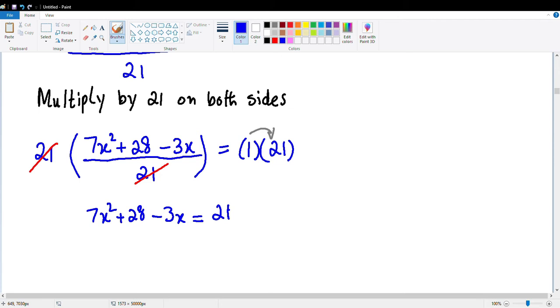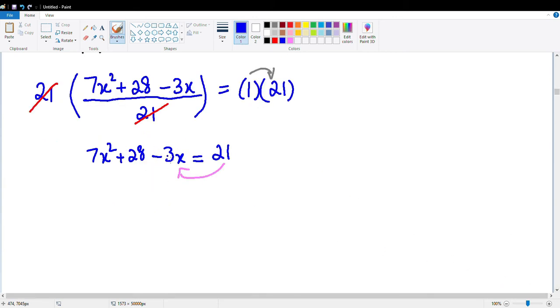Since we need it in standard form, we're going to take 21 to the other side and rearrange it. We'll take minus 3x first, and then 28. So 7x squared minus 3x plus 28. When this 21 goes to the other side, its sign will change.